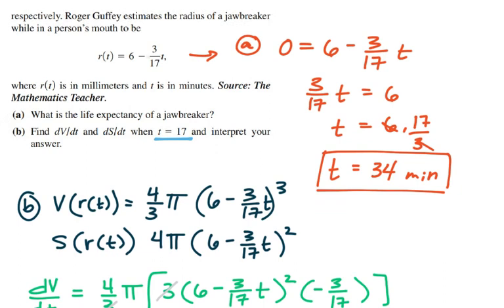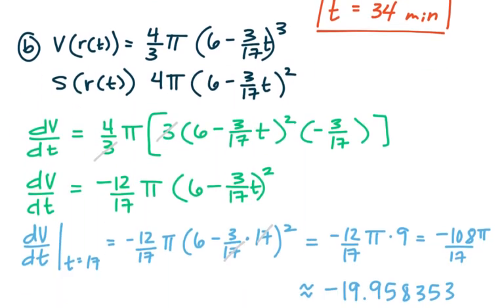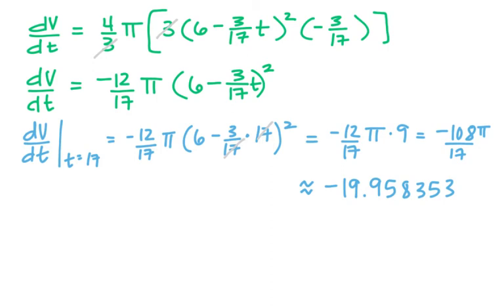Now, in this problem, since we're dealing with millimeters, volume would be millimeters cubed per, since time is measured in minutes, the unit here would mean it's shrinking at a rate of about negative 20 millimeters per minute.